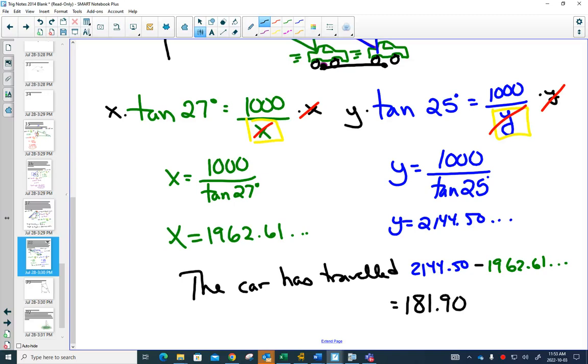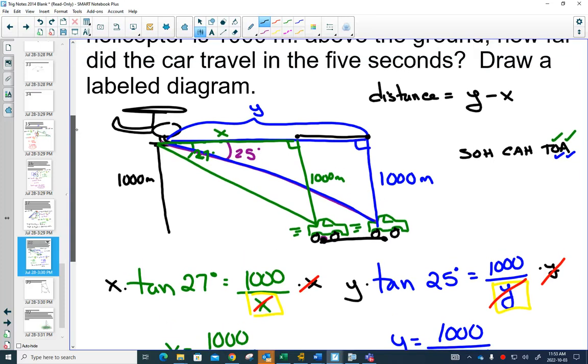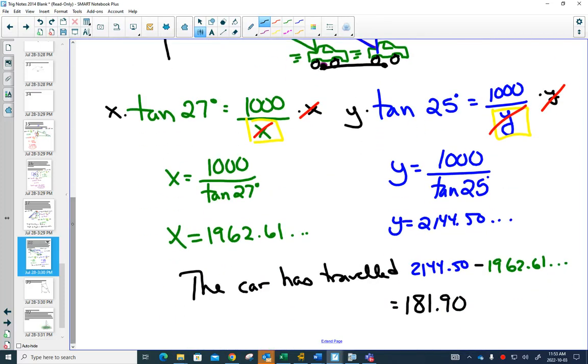What are our units? Meters. How fast is that car going? Way too fast? It's 181.9 meters in 5 seconds.